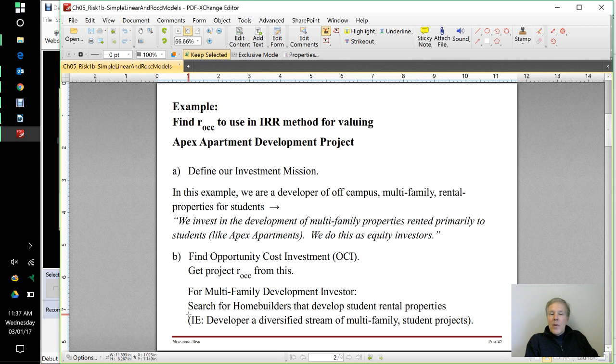This is a little tricky and this is the way it works in the real world. The closest thing I could come up with for CAG with data that I could find was to go into the home builder industry. Home builders are companies that make single family homes as well as multifamily residences. Try to find one that's multifamily and see if I could get some data from them.